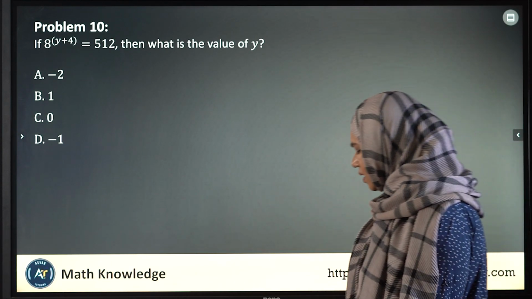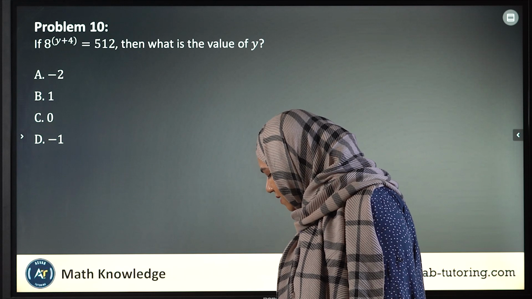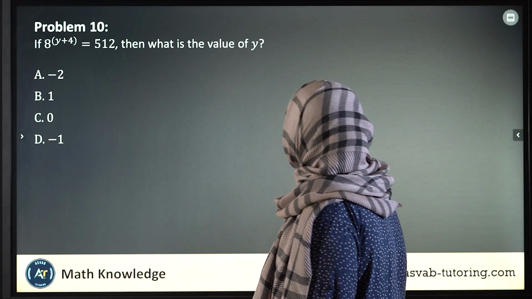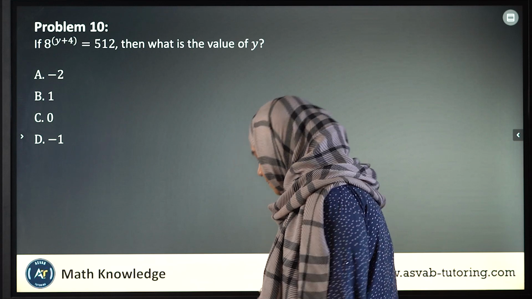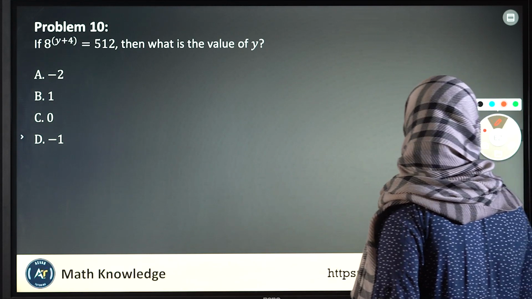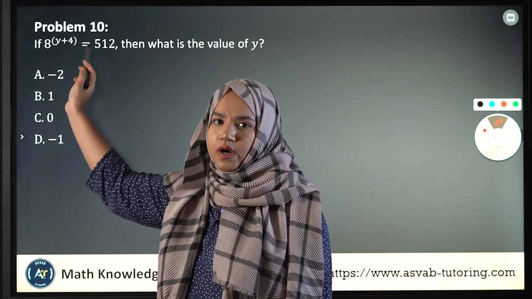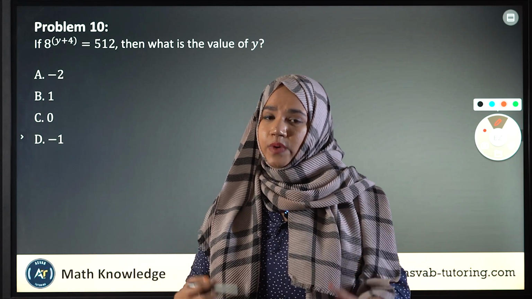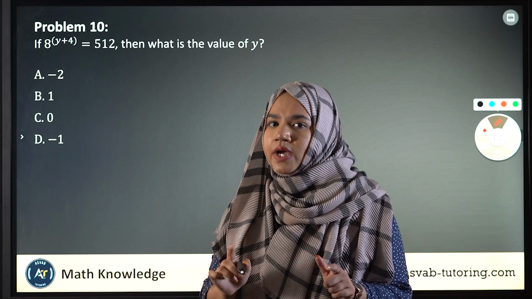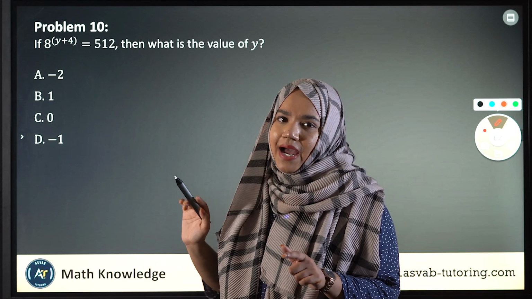If 8 to the power of y plus 4 equals 5 on 2, in that regard, what do we have for the value for y, right? So first of all, what we do here is, because we have something as a power, in questions like this, what we try to figure out is if there's another number like this, we will also try to figure out what is this as a power.